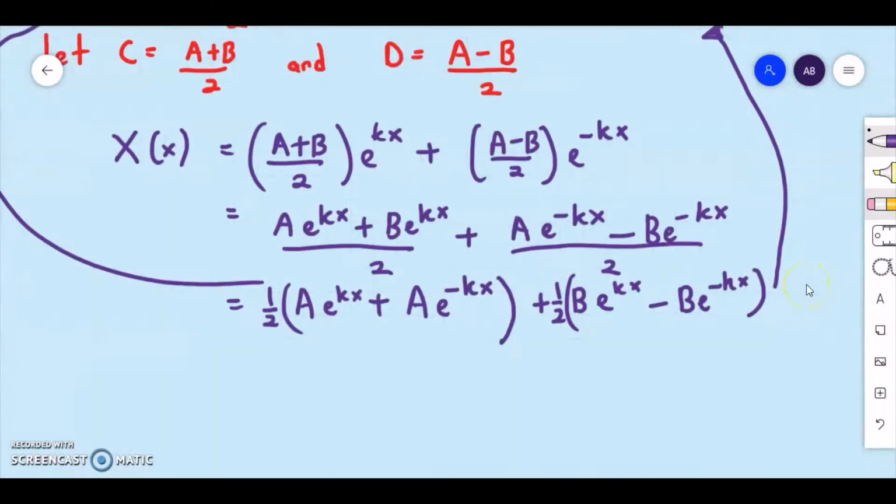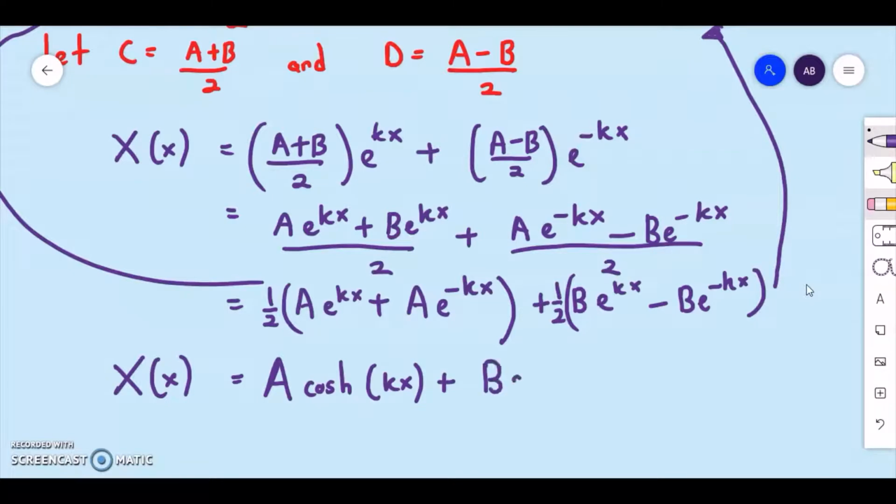Therefore, we know that exponent kappa x plus exponent negative kappa x over 2 is my hyperbolic cosh. So I can write this term as A hyperbolic cosh kappa x plus B hyperbolic sinh kappa x. Now why do we want to do this?